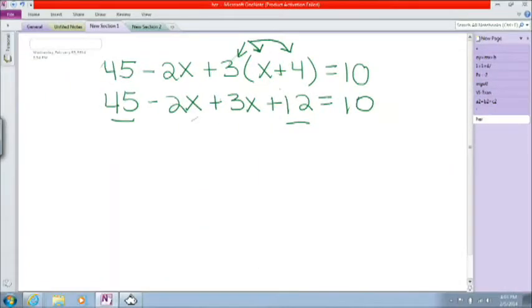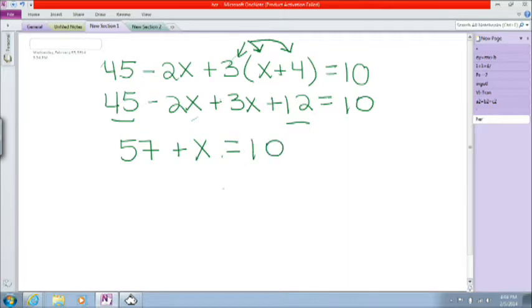We want to put both of those together so that our problem is a little bit simpler. 45 plus 12 is going to give us 57. And then we put together positive 3x and negative 2x, and we're left with just 1x. And then we still have it equals 10.